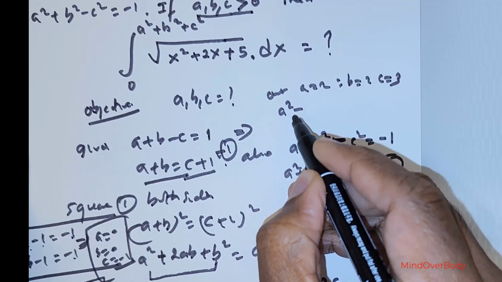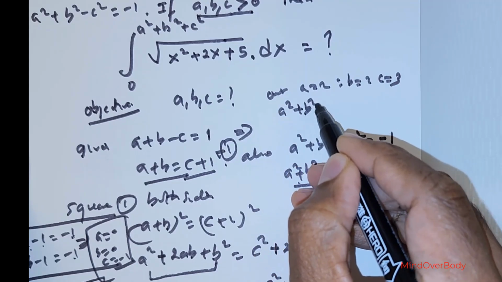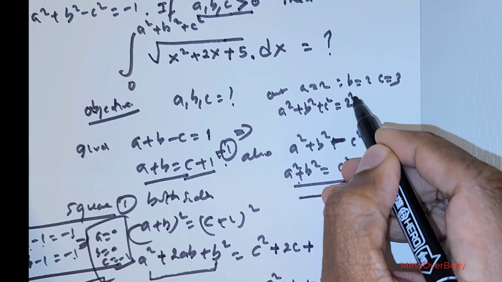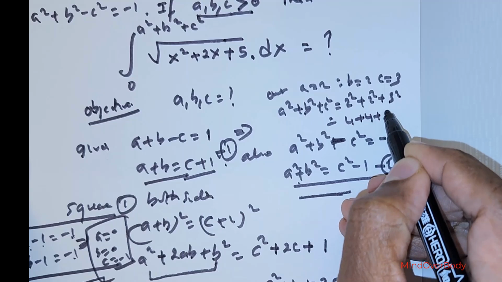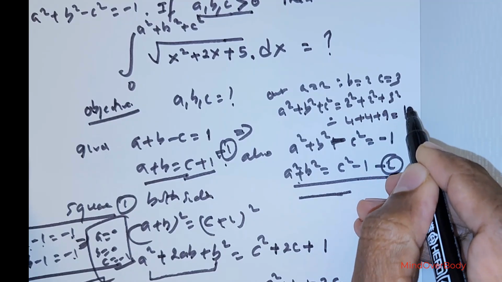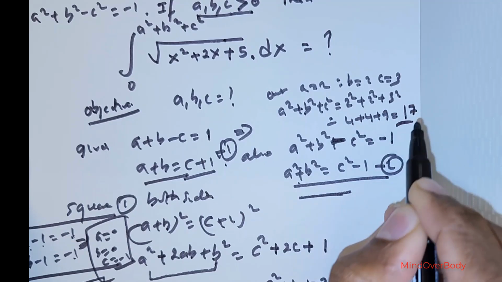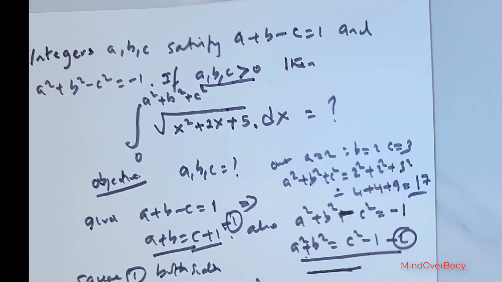So therefore the evaluated value for a squared plus b squared plus c squared is going to be 2 squared plus 2 squared plus 3 squared, which is nothing but 4 plus 4 plus 9, which is nothing but 17, right? So we did all this just to find out the integral value.